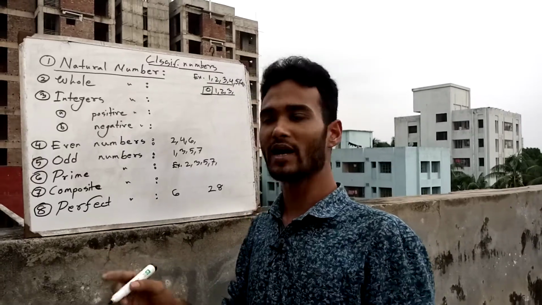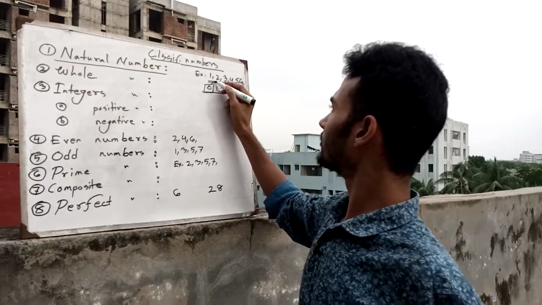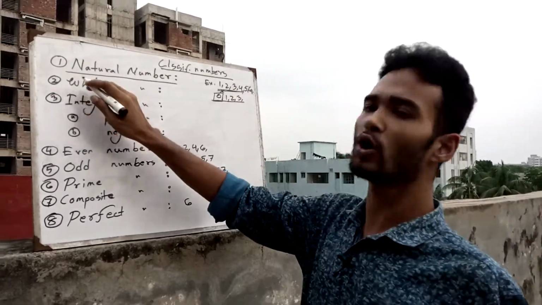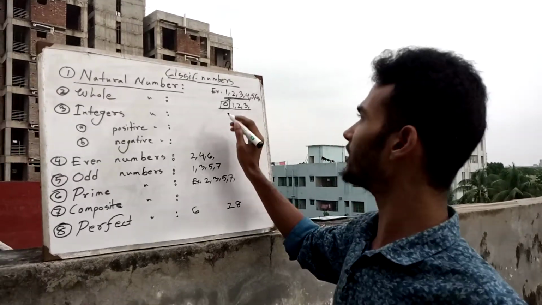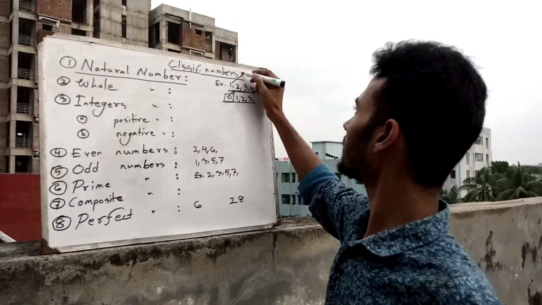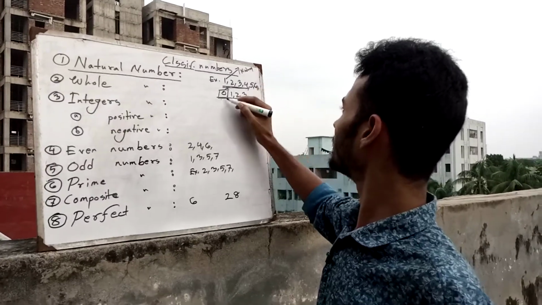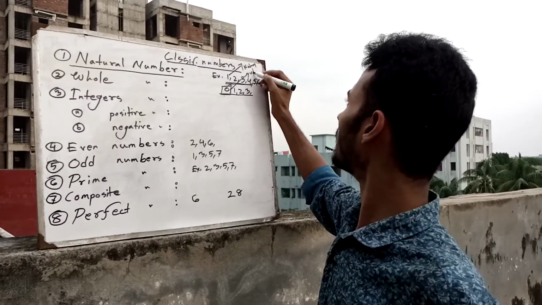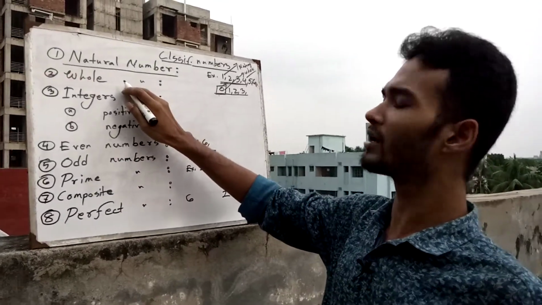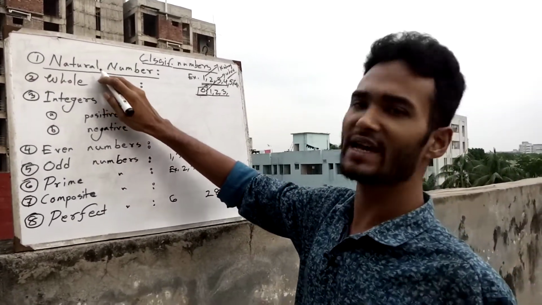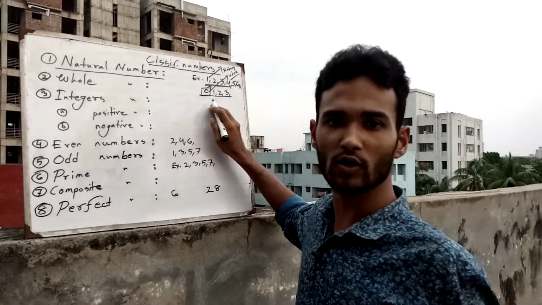All counting numbers together with 0 make the set of whole numbers: 0, 1, 2, 3. So 1 is a natural number, and 0 is a whole number. All natural numbers are whole numbers, but not all whole numbers are natural numbers.